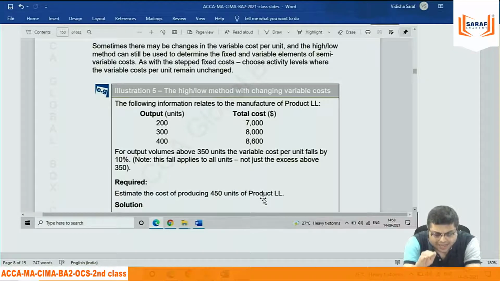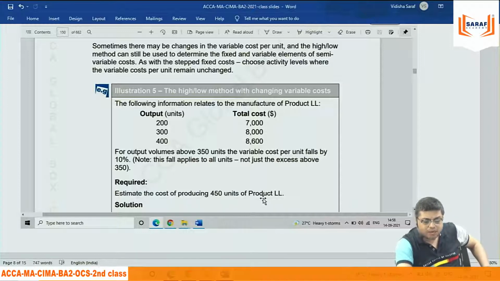Why is the total cost at 200 and 300 different, 7,000 and 8,000? At 200 units the total cost is 7,000. At 300 units the total cost is 8,000. Why?